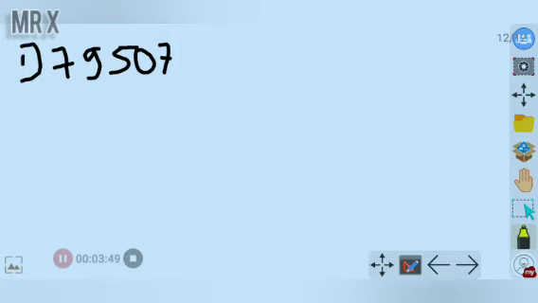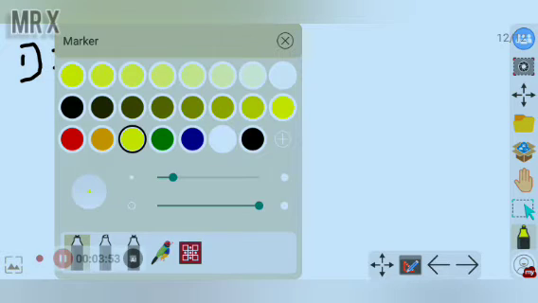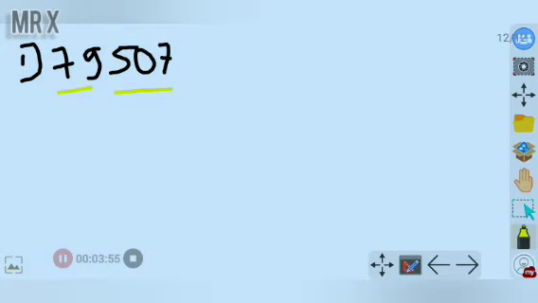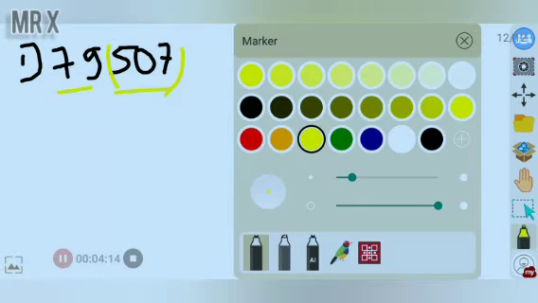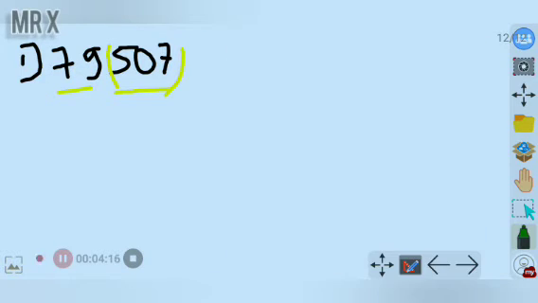Always take three digits from the right side, and the remaining ones come under the left side.